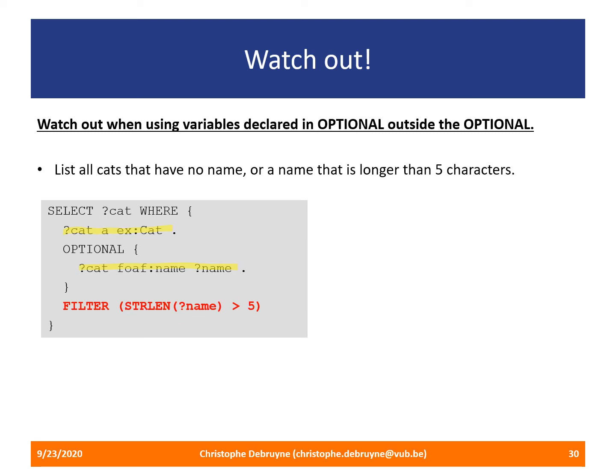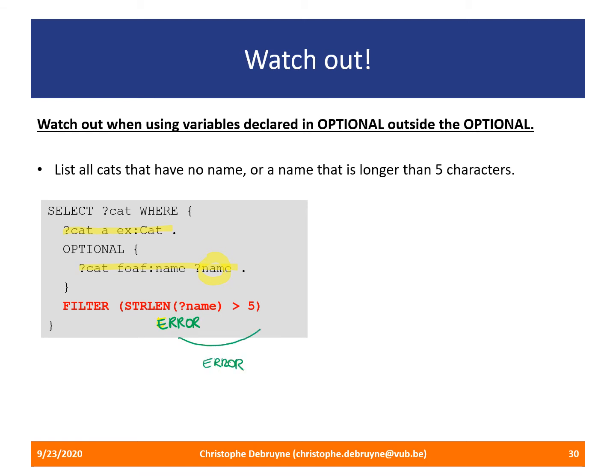Now, when a cat doesn't have a name, that value will not be bound. And when that cat's unbound name is applied to this function, you will get error, because applying the length function to an unbound variable results in error. And then the whole comparison also evaluates to error.